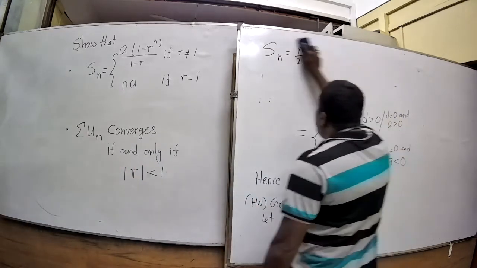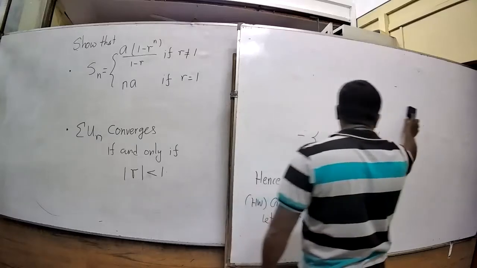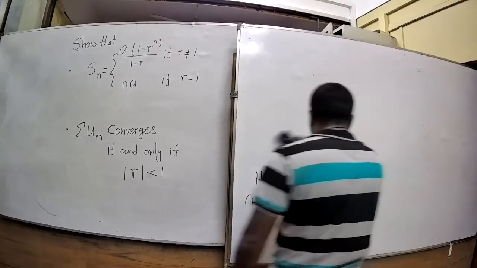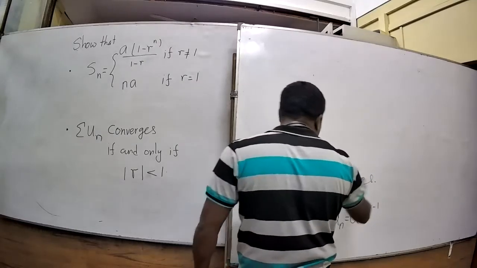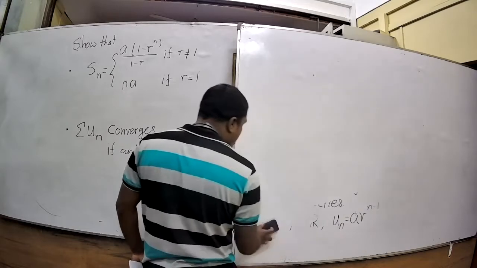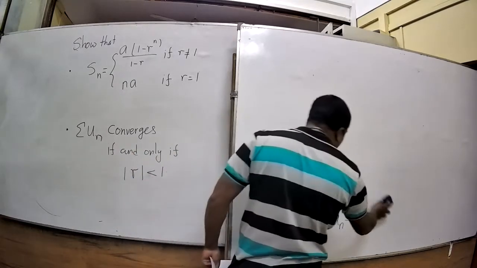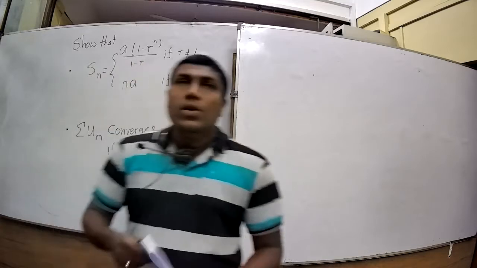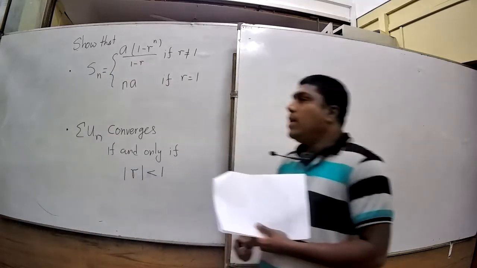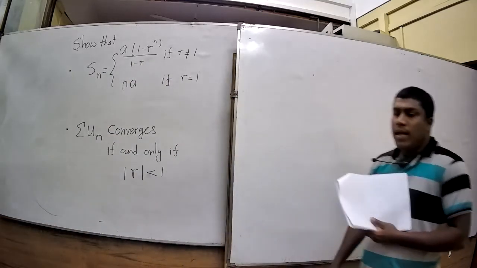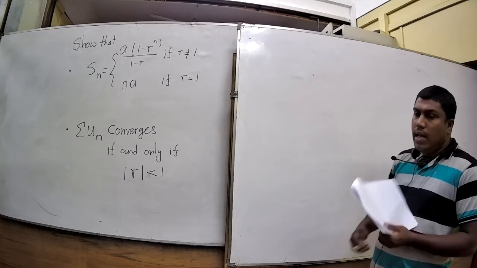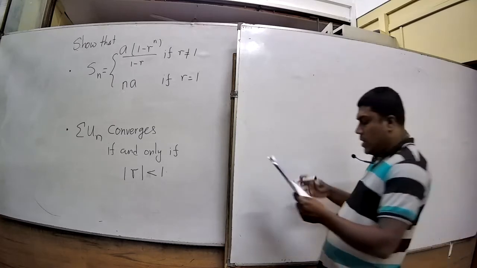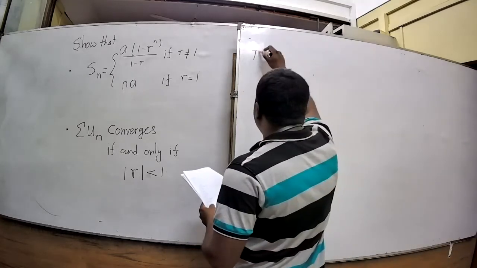Now, let's do a couple more results related to the convergence of the series, right? So we see that in sequences, we have a couple of conditions for convergence, a couple of methods which help us to verify the convergence. Similarly, we will have similar kinds of results. So let me write down a theorem.